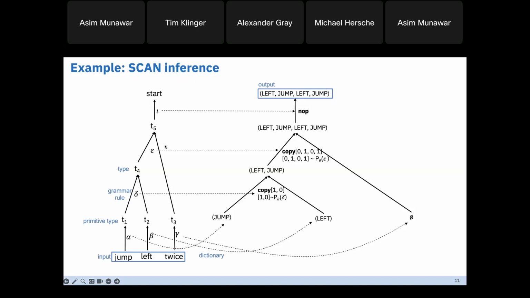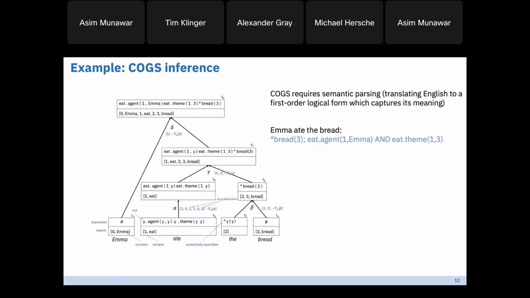So this is the general form of these. I won't go through this in a lot of detail again, but the difference between the setup here and the setup for the very simple SCAN is that here we need each node to have two parts to it. One is an expression, which is going to be the output that was required, the star, bread 3, etc. And the other is the set of objects that are available at that point in the tree. And instead of learning copy operations, we just learn very similar substitution operations.